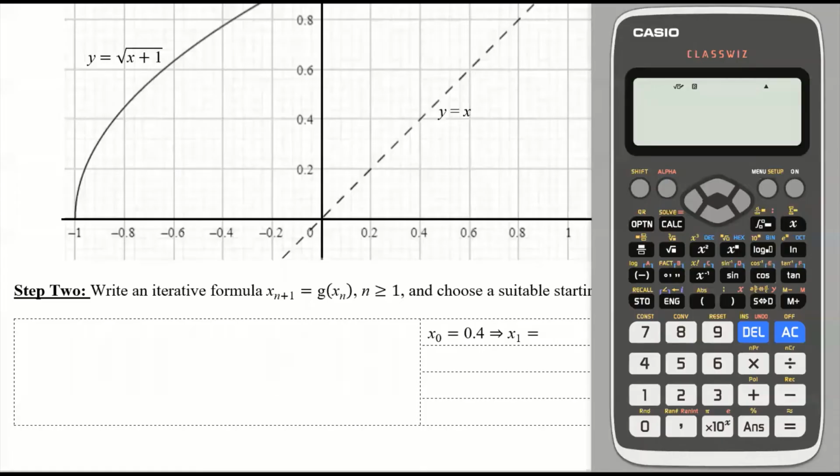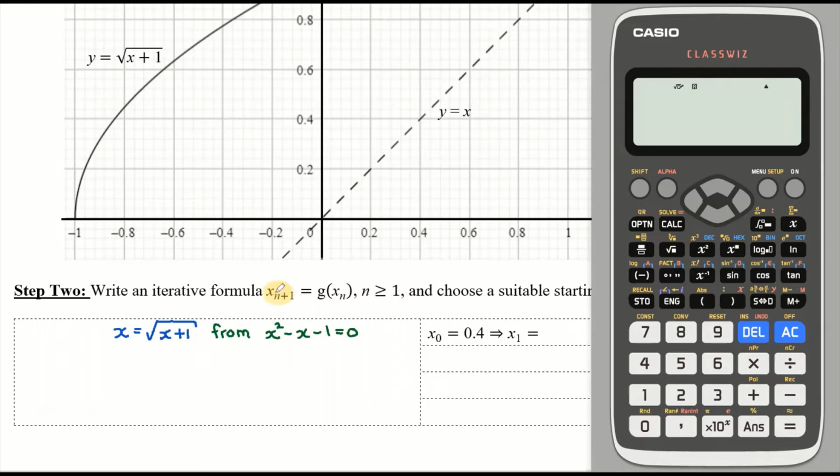Okay, for the iterative formula, it's actually really easy. We know that we have x is equal to the square root of x plus 1, which was our A2, our rearrangement of x squared subtract x subtract 1 is equal to 0. Now, to create the iterative formula, we can use this format.